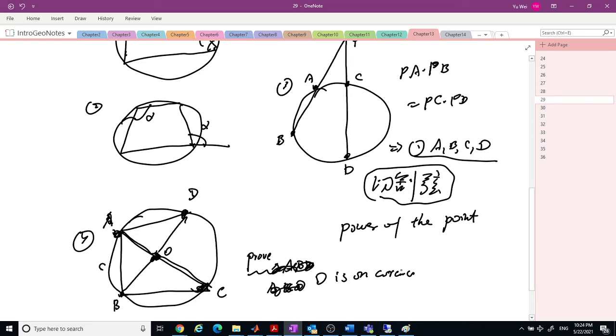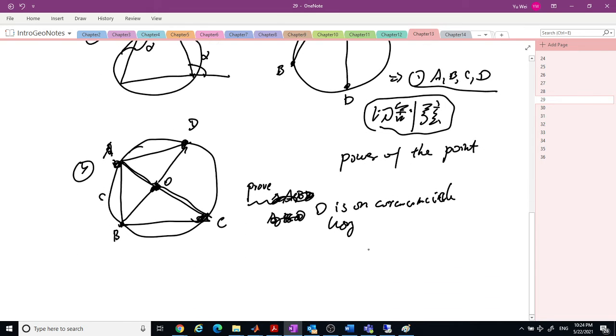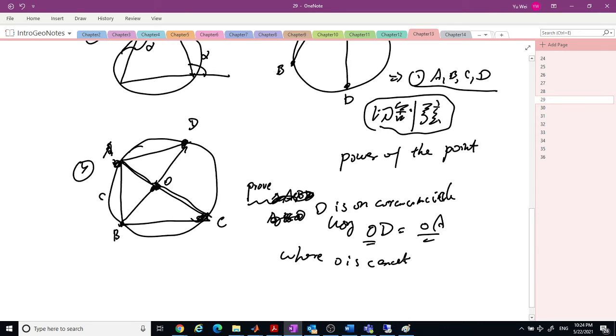To prove D is on the circumcircle, using OD is equal to OA, where O is the center of the circle of triangle ABC.